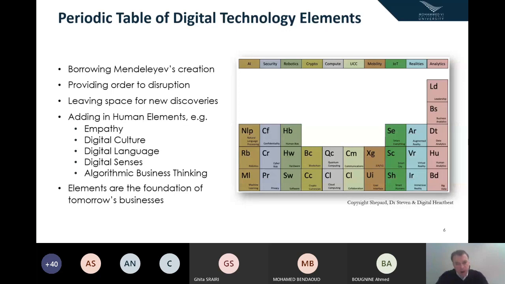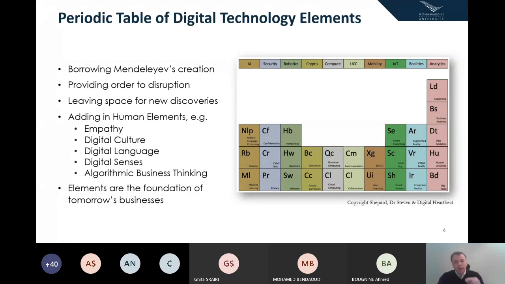With this in mind, let's look at this concept called the periodic table of digital technology elements. Back in 1869, when Mendeleev published his first version of the periodic table, he referred to it as an attempt towards a chemical conception of the ether.